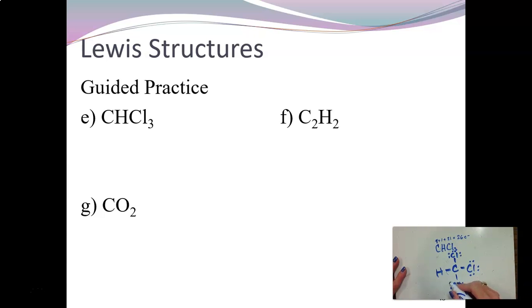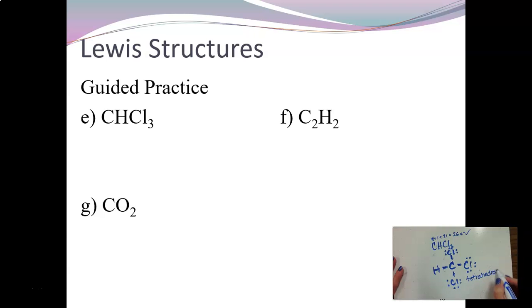Okay, there's only so many at the party to go around. So we check to see if we have 26. 2, 4, 6, 8, 10, 12, 14, 16, 18, 20, 22, 24, 26. Check. What shape is that molecule? It has no lone pair on the center atom and 4 bonded atoms.